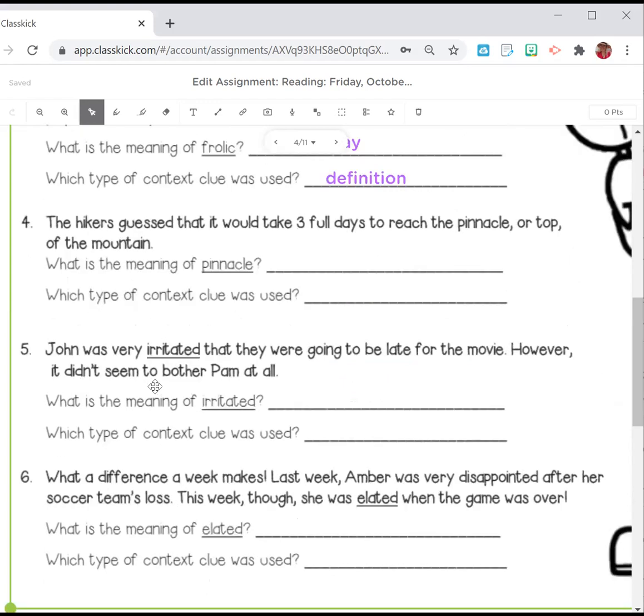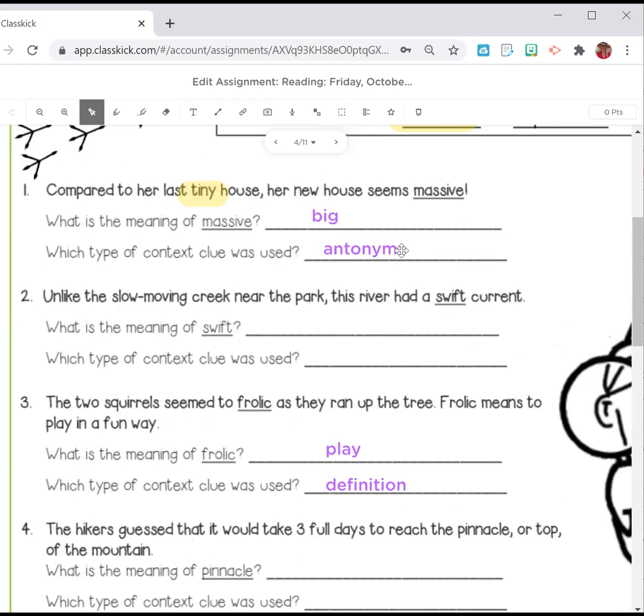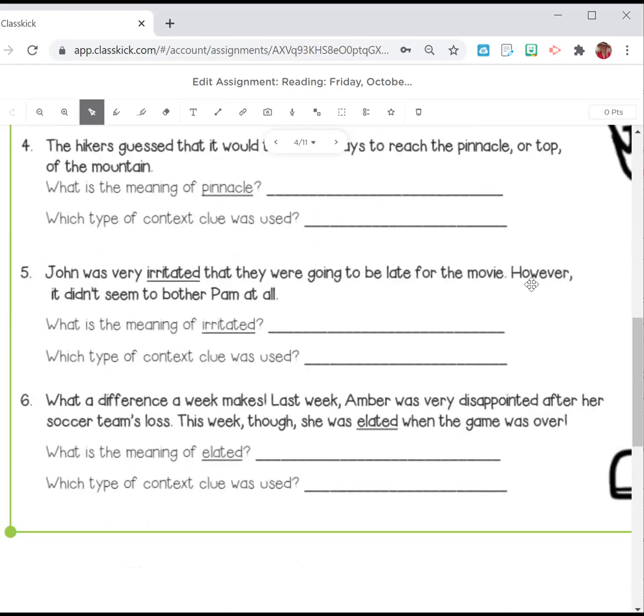Number 5. John was very irritated that they were going to be late for the movie. However, it didn't seem to bother Pam at all. Whenever you see a keyword like however or compared, you know we're talking about the opposite. So we are looking for an antonym.